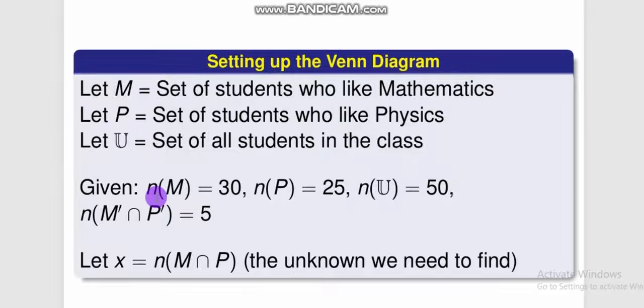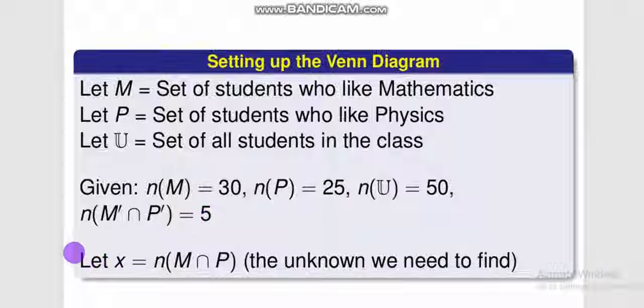So the number of elements in set M, in the circle of M, is 30. For the circle of P it is 15. For the universal set, we were given 50 for the whole rectangle there, right? Then those in the region considered neither P nor M is 5.